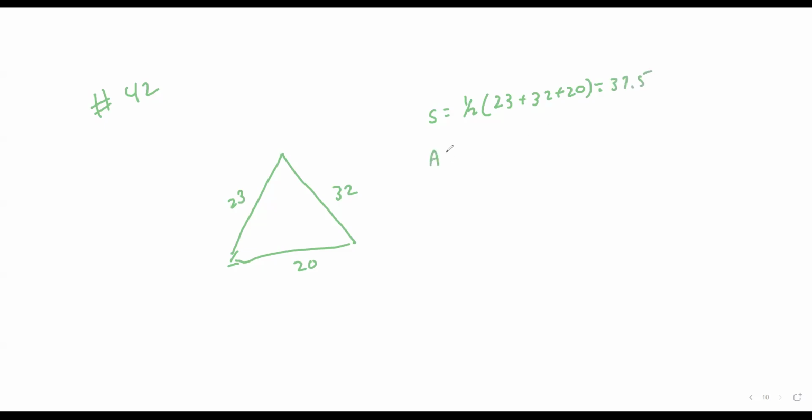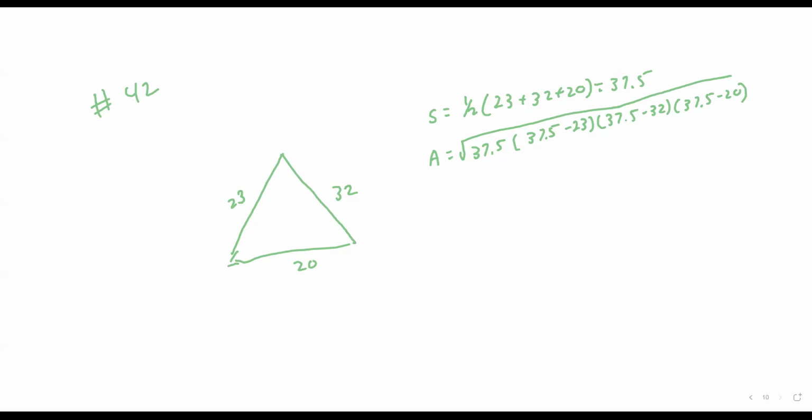All right, to find the area, I will now do the square root of 37.5 times 37.5 minus 23 times 37.5 minus 32 times 37.5 minus 20. So now I'll type all that in.